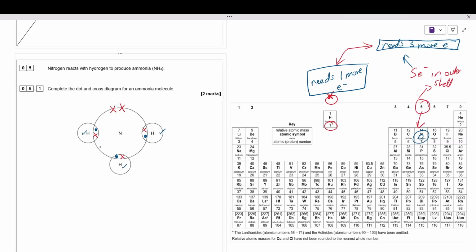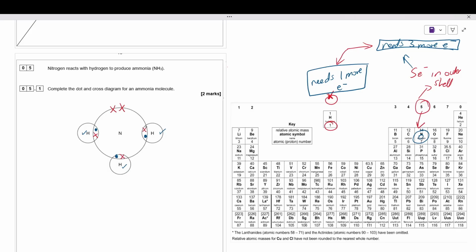Now let's check our nitrogen. Nitrogen needs 3 more electrons to be stable. So it needs 3 pairs of electrons. So that's 1, 2, 3. 1 of its electrons in each. And then we have these 2 that are unbonded. So if we check, we should have 8 electrons.